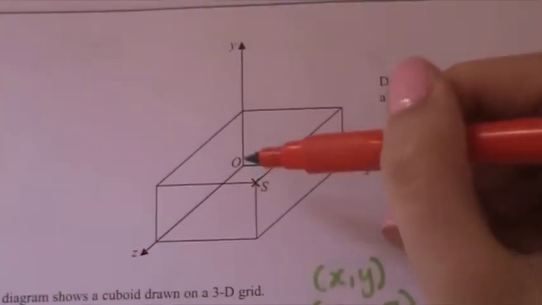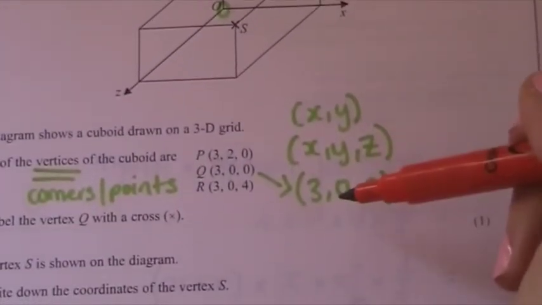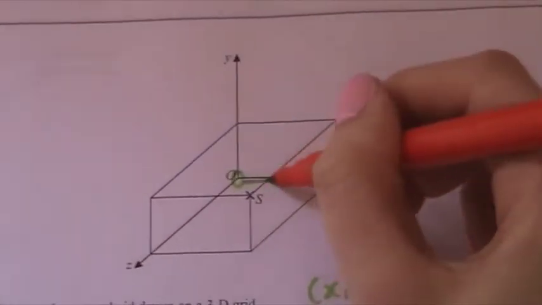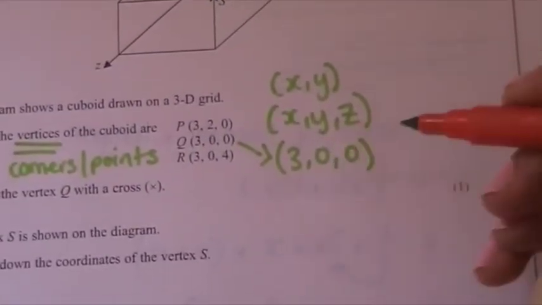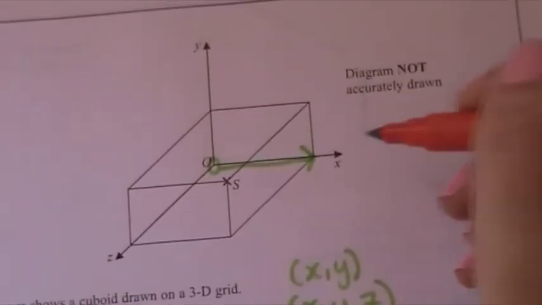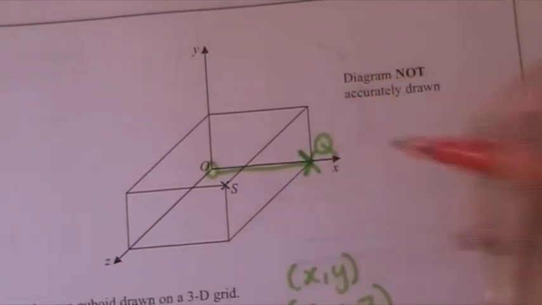So if we were starting at our origin or our O here, Q has gone along 3 in the positive direction, and then it has not moved up or down because y is 0, and there is also 0 for z. So Q must be at that point there. And the question says to clearly state with a cross.